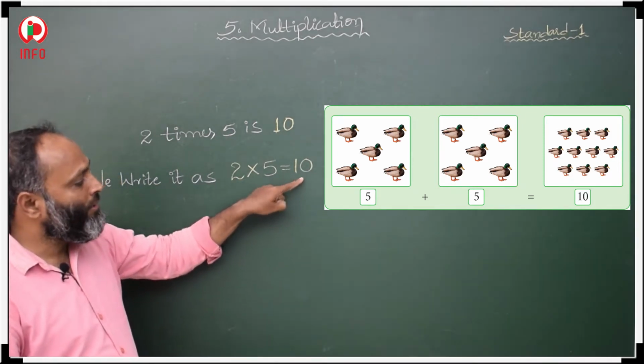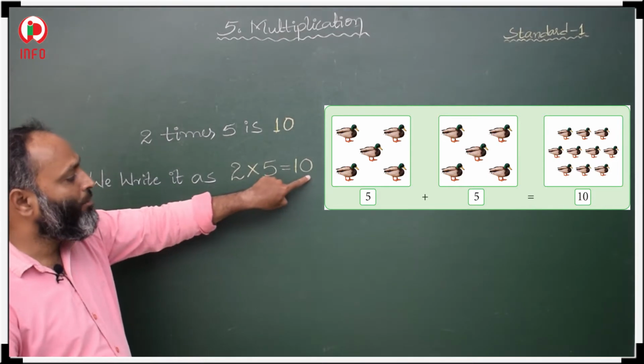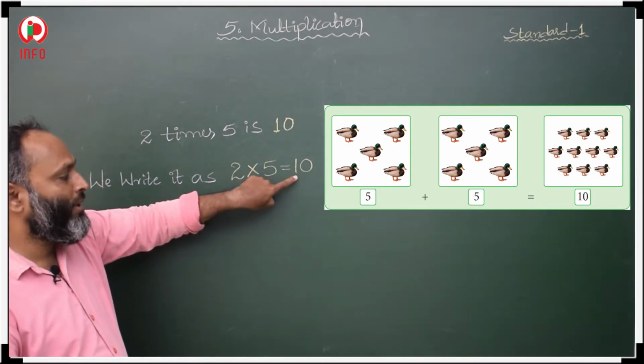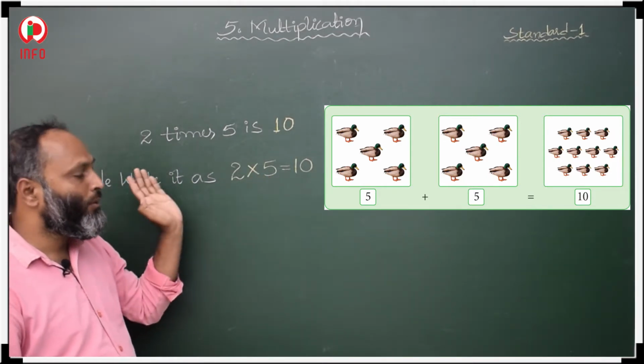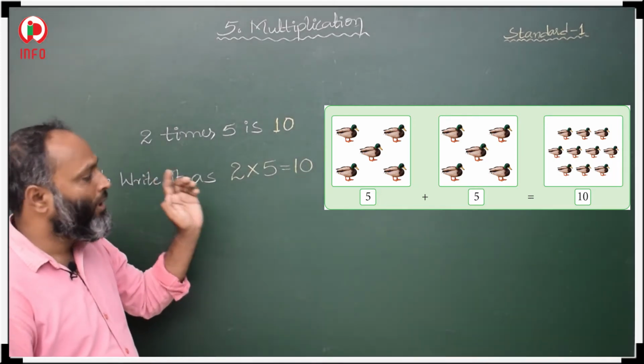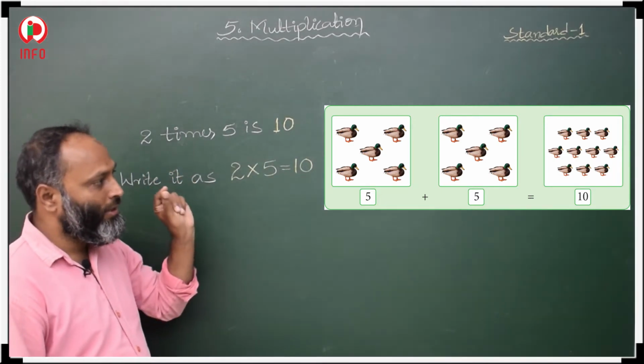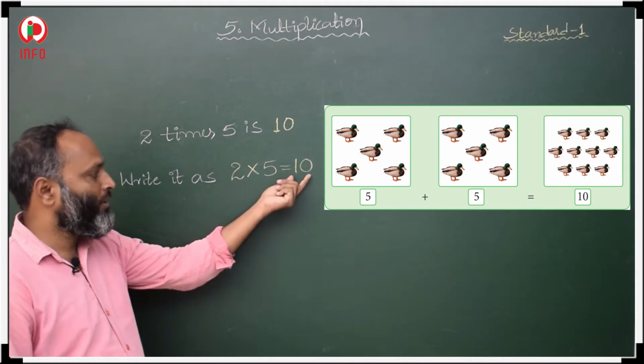Total how many ducks? 10 ducks. This number 10 represents the number of ducks. If we add the 2 groups, 5 and 5, how many total ducks are there?